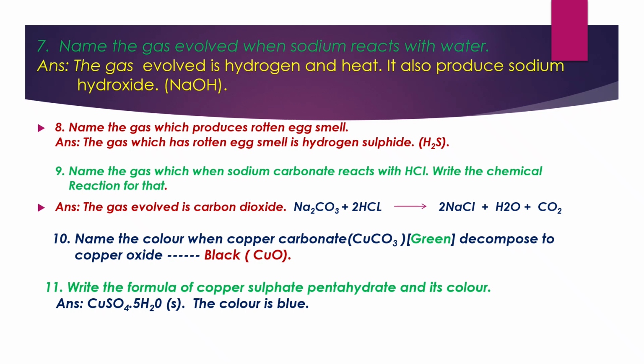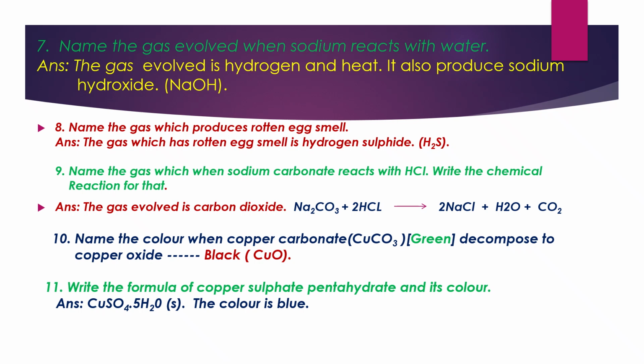Now, the next slide. We have to name the gas evolved when sodium reacts with water. The gas evolved is hydrogen, and heat. It also produces sodium hydroxide, that is NaOH. Here are some important questions in this slide. You can go through it. Name the gas which produces a rotten smell. We know it is hydrogen sulfide, H2S.